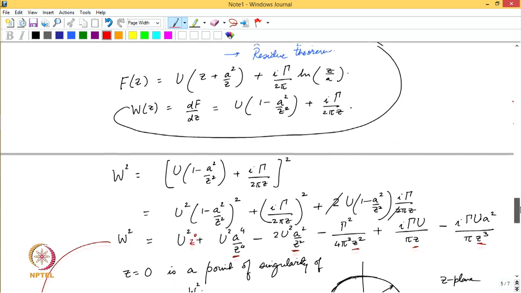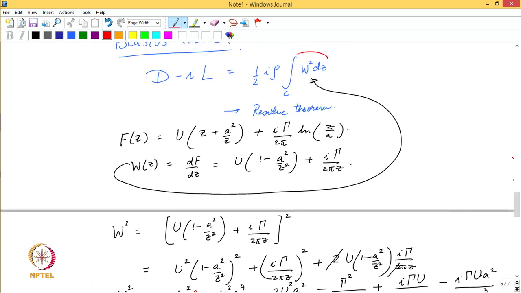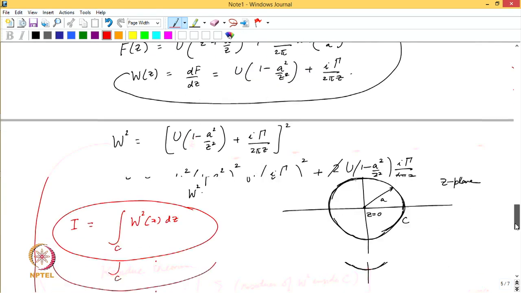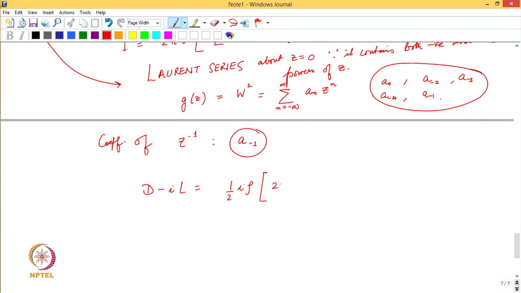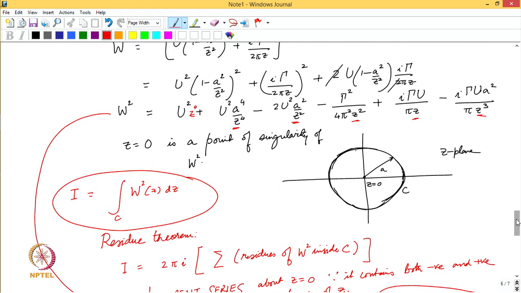So, we need the integral I, which as I said is 2 pi i times the residues, and in this case we only look at coefficient a minus 1. If you look at the expansion here, what is the coefficient of z to the power minus 1? It is this number here.